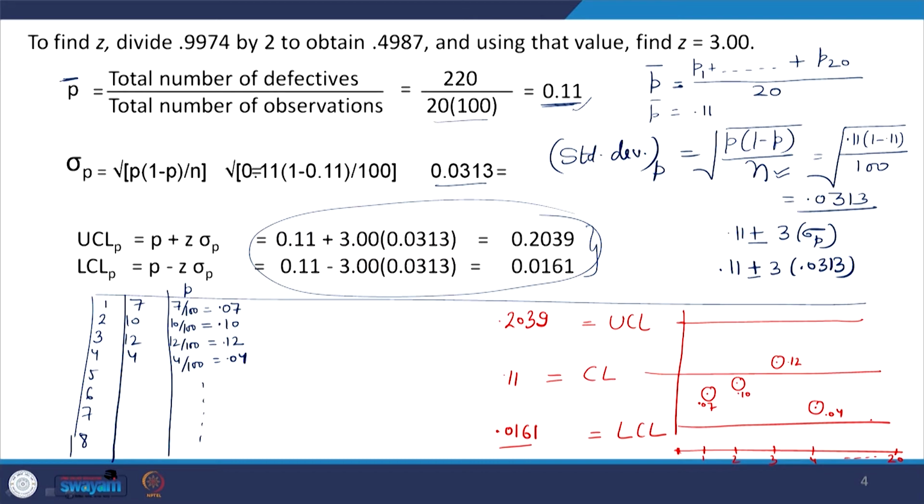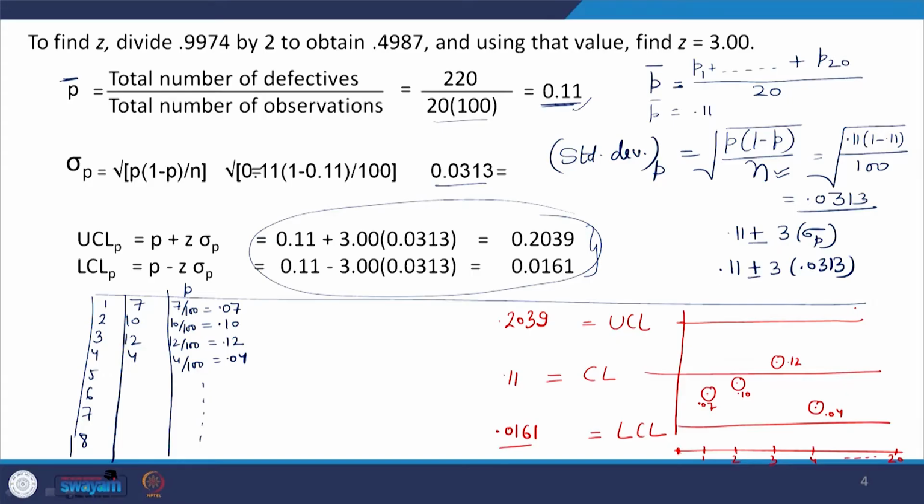The same rule as we applied in the case of the x bar R chart will apply here also: if at any time you get a p value beyond the upper control limit, or any p value below the lower control limit, then you need to check your process. It is not desirable to get p values above or below UCL and LCL, because if p values are more than UCL, it means your process is producing more defective pieces, which is undesirable.